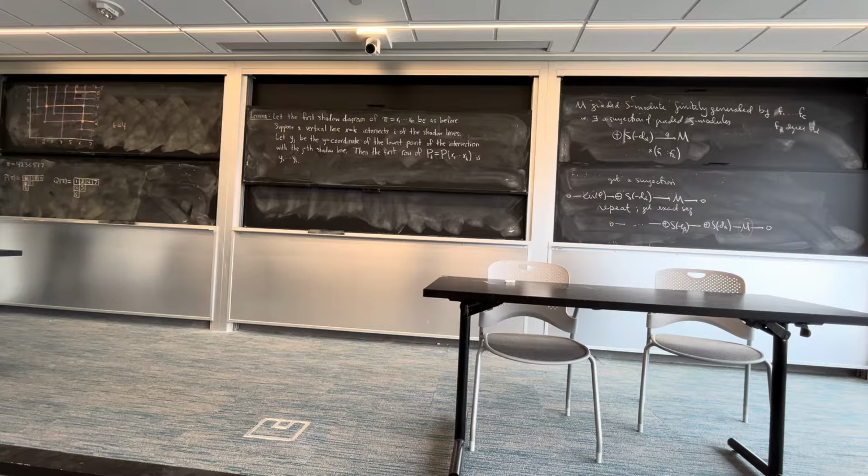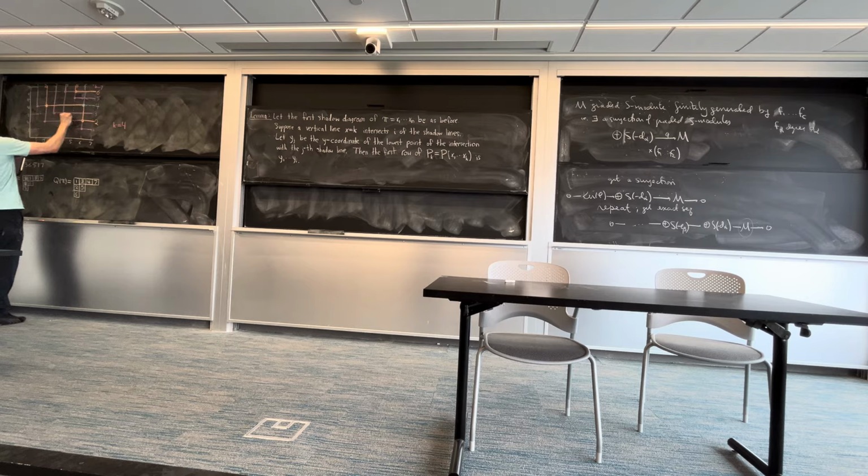So my y1 would be this y coordinate, which is 2. My y2 would be this second y coordinate, which is 3. And y3 would be this third y coordinate, which is 6.